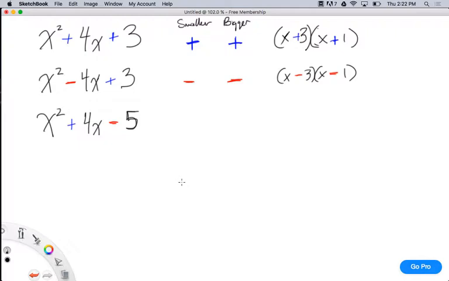But this sign is positive. So which one is going to be positive? The bigger or the smaller? The bigger. The bigger one will be positive. So the smaller will be negative, and the bigger one will be positive. What will this look like?